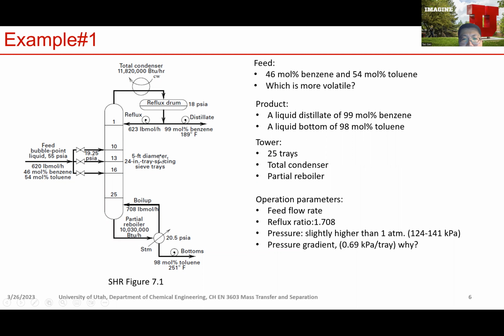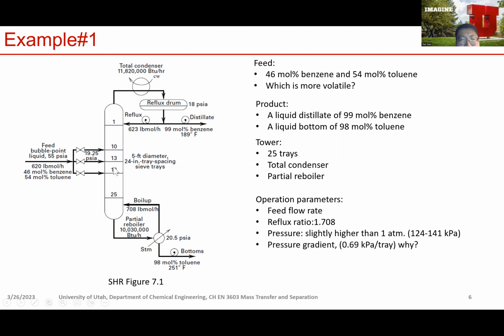And we have two products. We have a liquid distillate enriched in benzene, and we have a liquid bottom that's enriched with toluene. So this tower has a total of 25 trays. It has a total condenser and a partial reboiler.